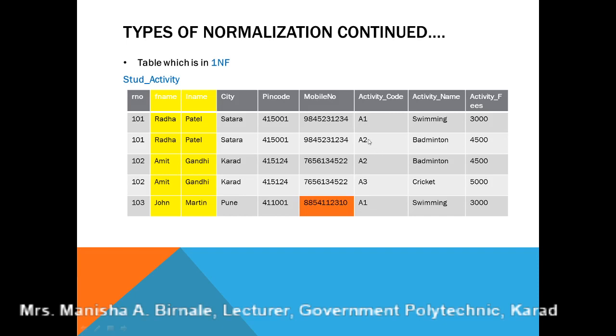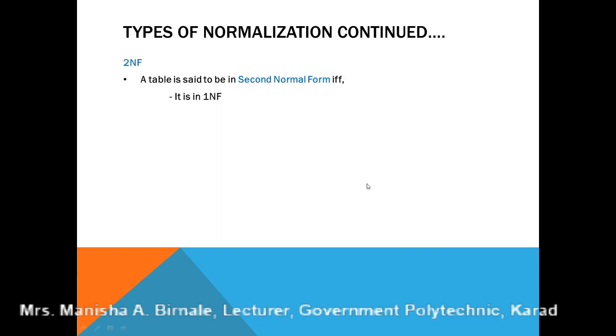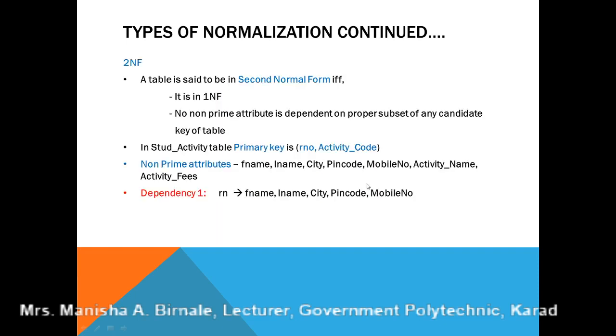If activity code is A2, activity name is badminton and fees is 4500. So here dependencies are present. Dependency 1 is fname, lname, city, pin code, mobile number, they are dependent on the roll number attribute. And the second dependency present in this table is activity name and activity fees. These two attributes are dependent on activity code.